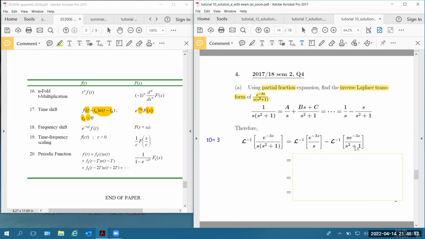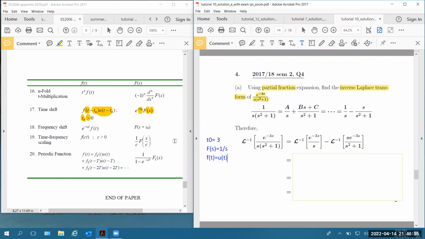So your first F(s) is of course very easy. It's just 1 over s. So for the first term, 1 over s, you can straight away write f(t). This one I think I no need to go for exam, I can also remember. So I know it's u(t), don't need step function.